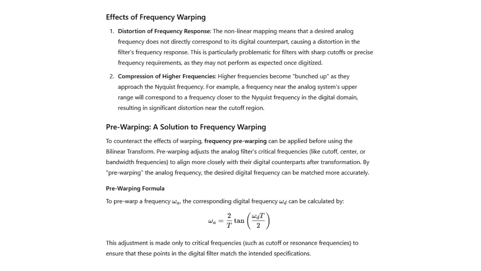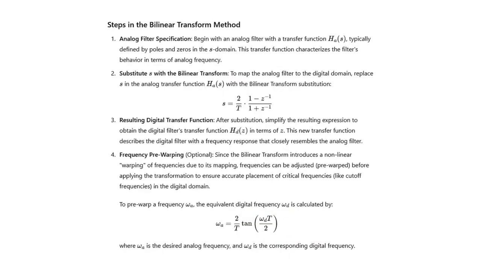Effects of frequency warping, as I told you, are distortion of the frequency response and compression of the higher frequency components. Pre-warping: the pre-warping formula is the same formula over here. You have to apply it as we applied it in the second example. That was the pre-warping we did before implementing the filter as a digital filter.